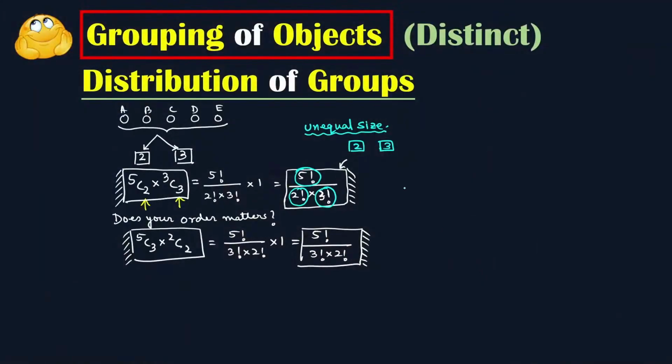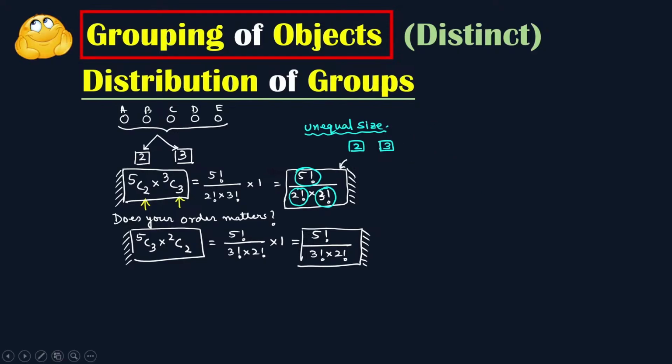Now, let me discuss distribution of groups. As I told you in the beginning of our class, today we are going to discuss grouping of objects and distribution of groups simultaneously. So grouping of objects which are all distinct and of unequal size, that we have already discussed. And now we are going to discuss distribution of these groups.